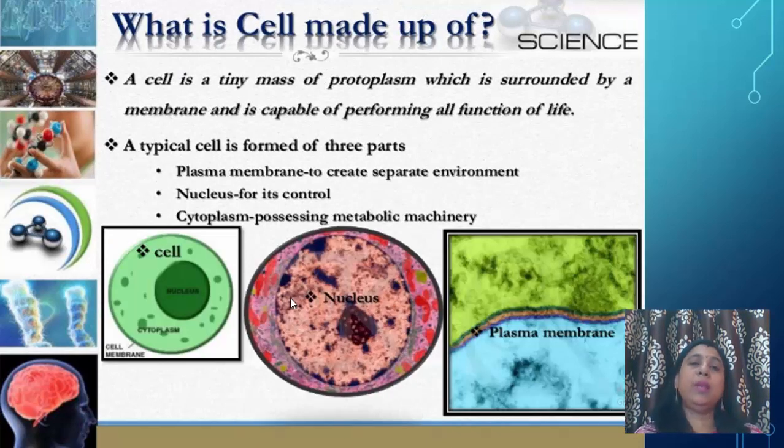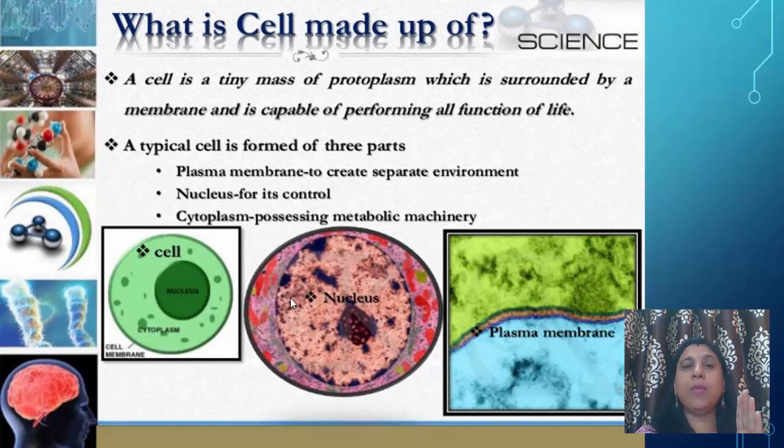Now, what is a cell made up of? A cell is a tiny mass of protoplasm which is surrounded by a membrane and is capable of performing all the functions of life. A typical cell is formed of three parts. These three parts are present in all types of cells.